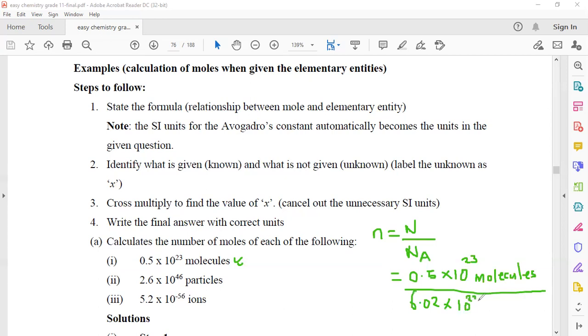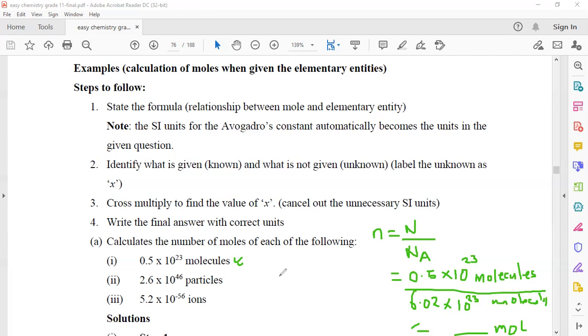Now, what units are you going to incorporate? Since we are dealing with these molecules, this will give us the number of molecules per mole, and whatever you get will be equal to the mole.